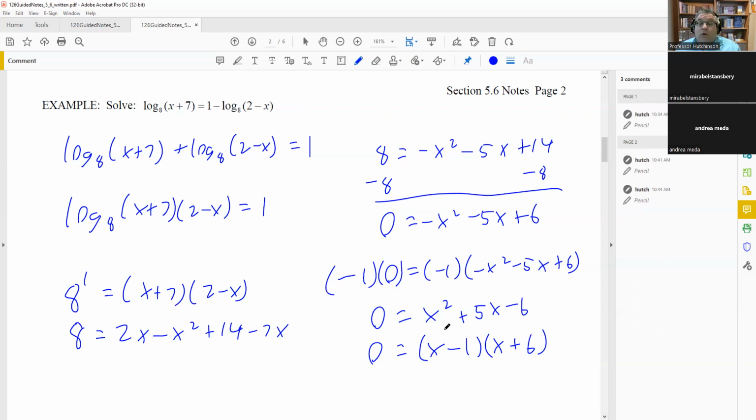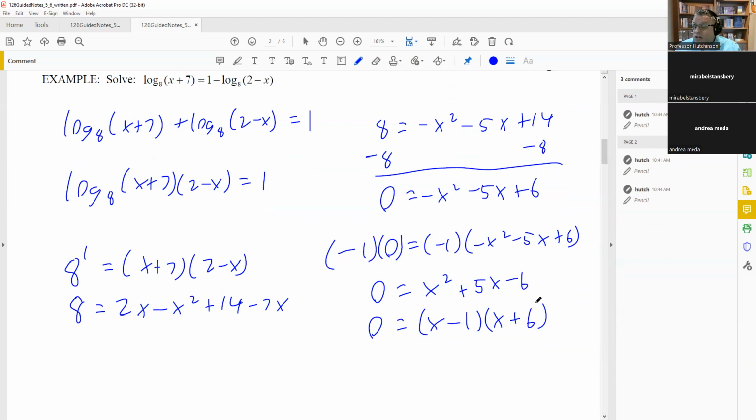Now I can set both of those equal to 0 since I now have it equal to 0. So x minus 1 equals 0, x plus 6 equals 0, x equals 1, x equals -6. Now, whenever you have these log problems, you want to take each answer individually and put it back into the original one and make sure you don't get a negative inside the log.